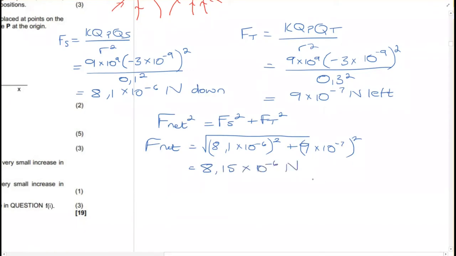We leave the direction off because they asked for the magnitude. Any questions?